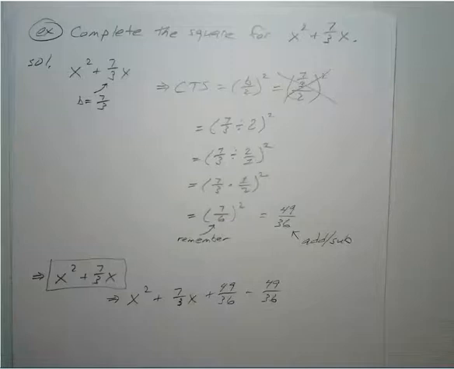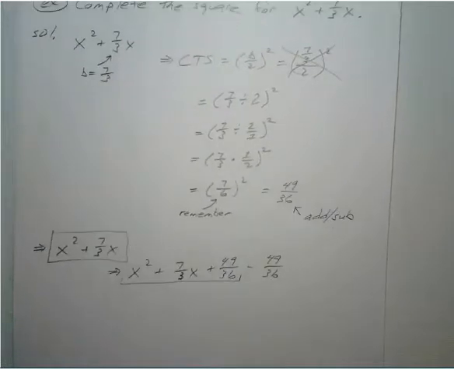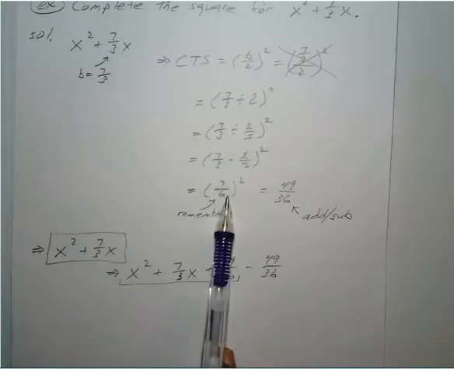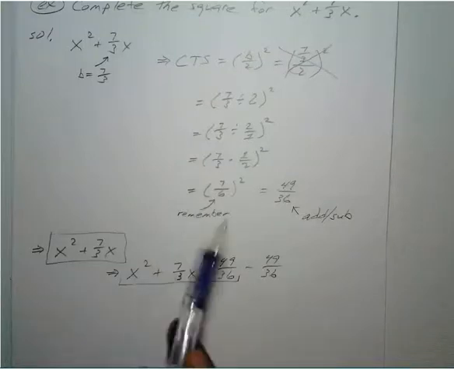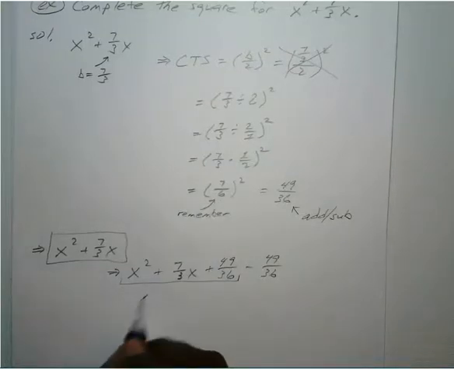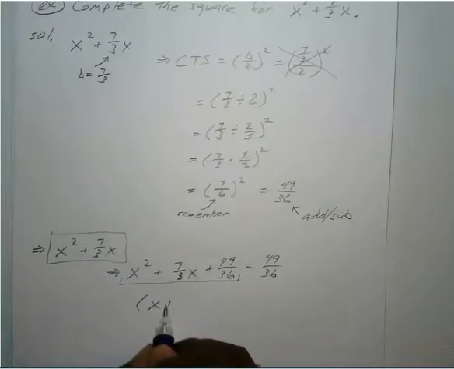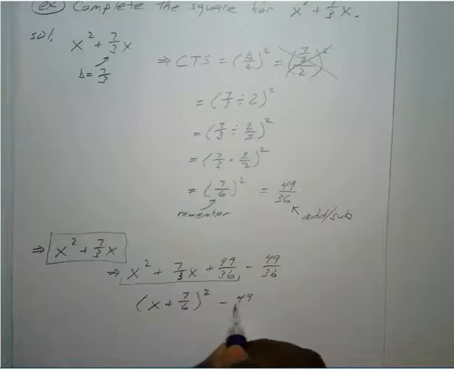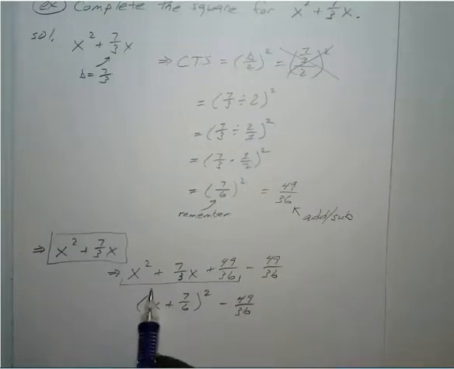Now once you do that, you just go ahead and identify the first 3 terms. Again, it would be a headache to try and figure out the perfect square trinomial for this, but luckily we have that 7 over 6 that we were wise enough to remember. So this just becomes x plus 7 over 6 squared minus 49 over 36.